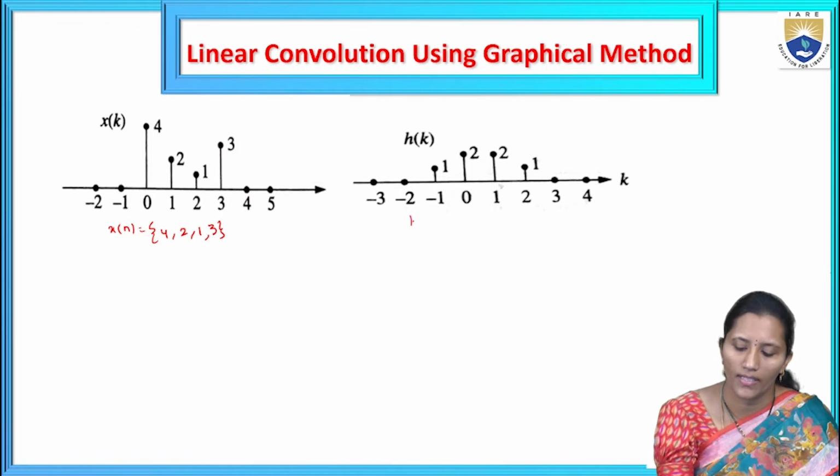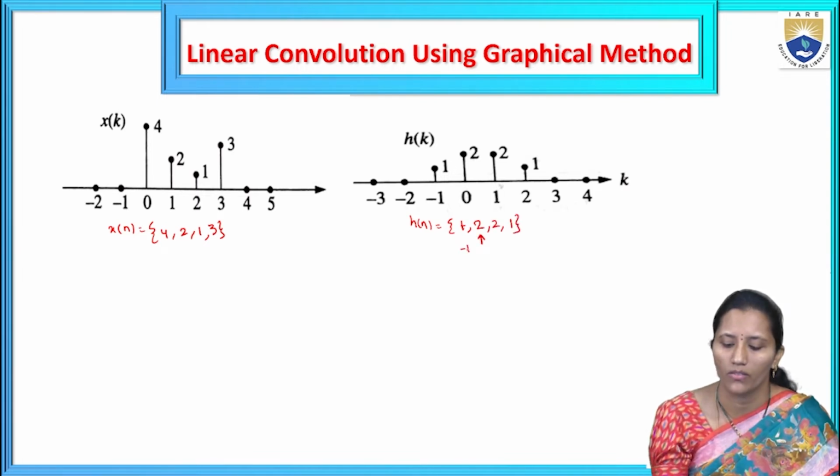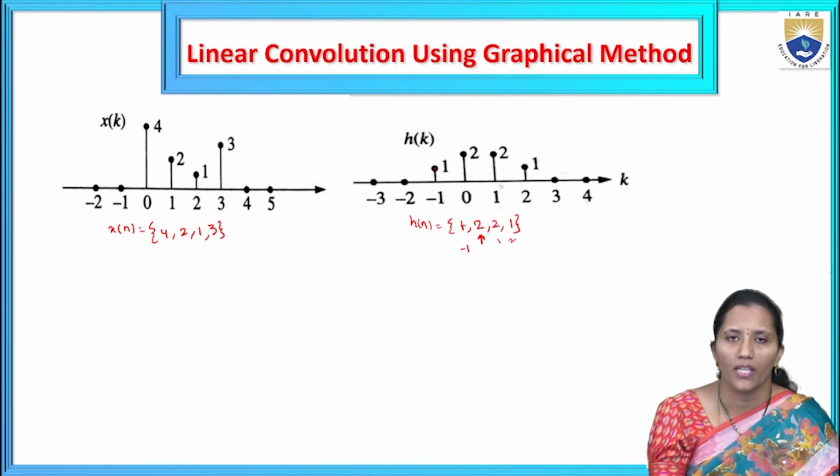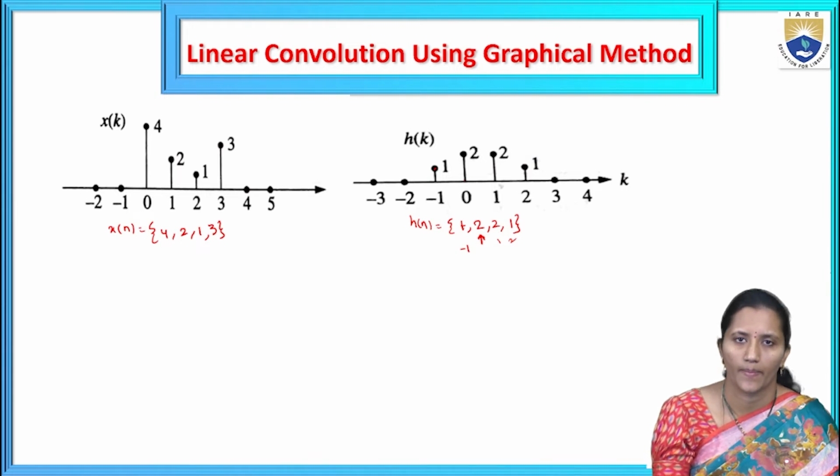That is h of n is here 1, 2, 2, 1, but the starting index is minus 1. So in the graphical representation at minus 1 the amplitude is 1. Here the arrow mark indicates the 0 sample. So the 0 sample we have 2, and at 1 we have the amplitude 2, at 2 we have amplitude 1. So first we have to represent both sequences in the graphical representation with the index k.